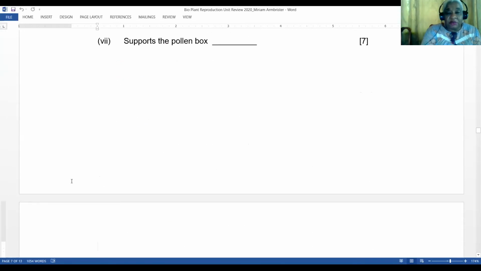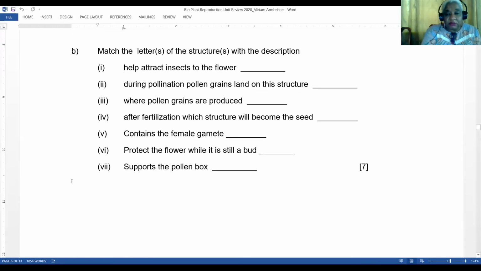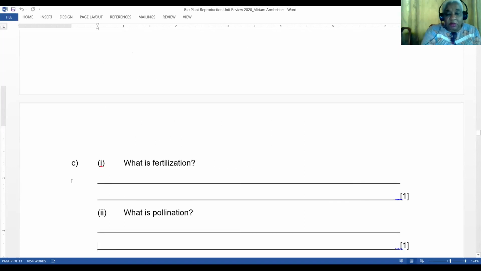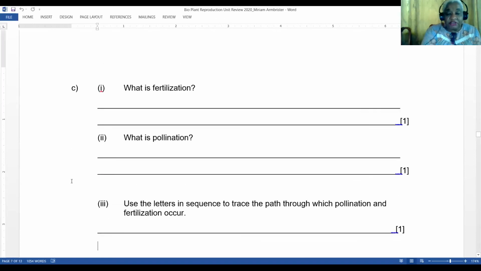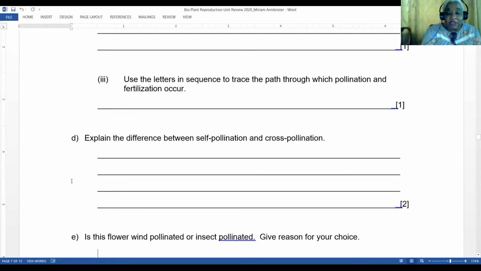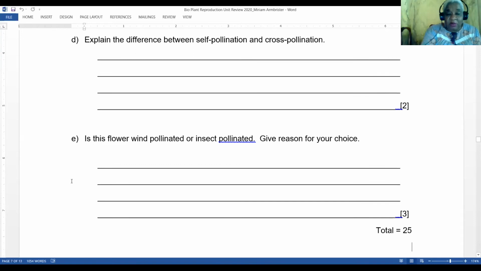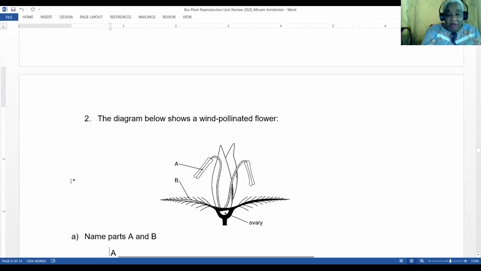And then it asks you what the parts are for, what is fertilization, what is pollination, and explains the difference between self-pollination and cross-pollination. Is a flower wind pollinated? And then you have a wind pollinated flower picture.